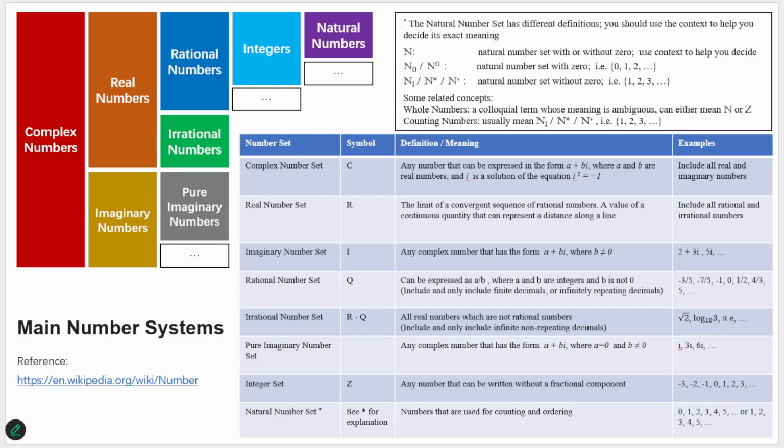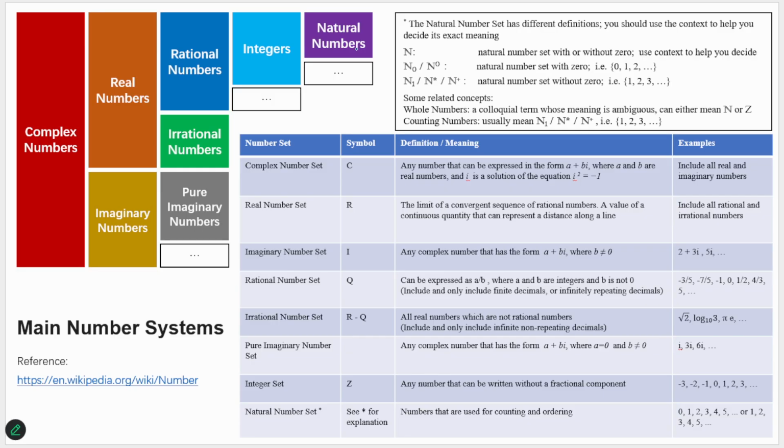So apparently this is not sufficient to describe subtraction, right? So in order to make it closed for subtraction, we introduced the integer set, right? The integer set contains any number that can be written without a fractional component, such as -3, -2, -1, 0, 1, 2, 3. It's the natural number set plus all the negative integers. And this is still not sufficient to describe quotient, right?